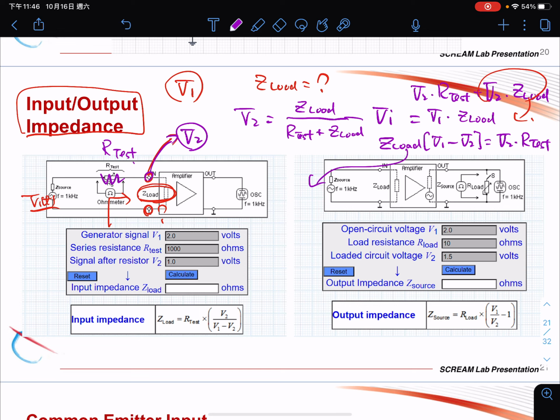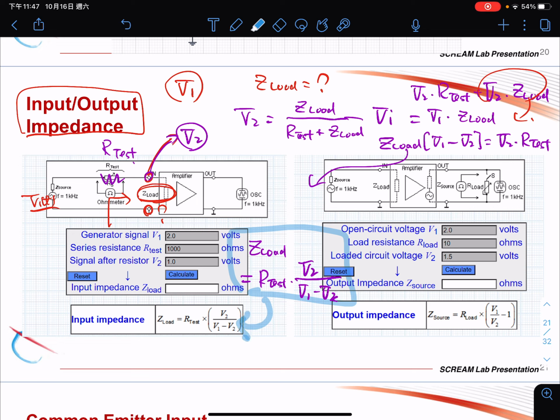And then Z load will be equal to R test times V2 over V1 minus V2. So this is our answer. You just measure your system twice and you know the input impedance of the circuit. This is the circuit, and this is the input impedance we want to know.